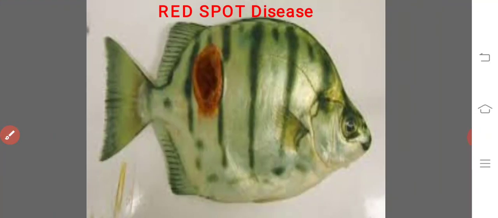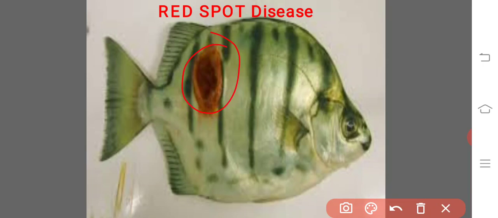Coming to the red spot disease, this is caused by Aeromonas liquefaciens. It is noticed in freshwater fishes, carp, salmon and perch. The disease is exhibited by the presence of round or oval shaped whitish bodies. In certain areas, loss of scales followed by necrosis of the skin occurs.